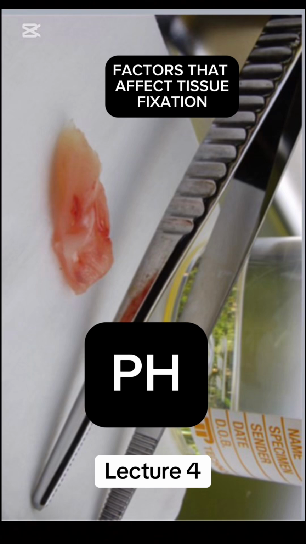At acidic pH, most components such as lysosomes and mitochondria are fixed well, whereas neutral pH is preferred for general tissue fixation to maintain structural integrity across various tissue components.